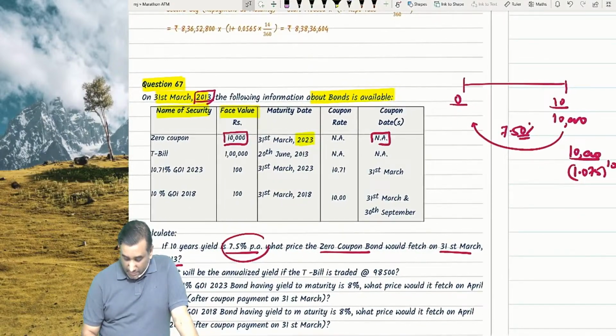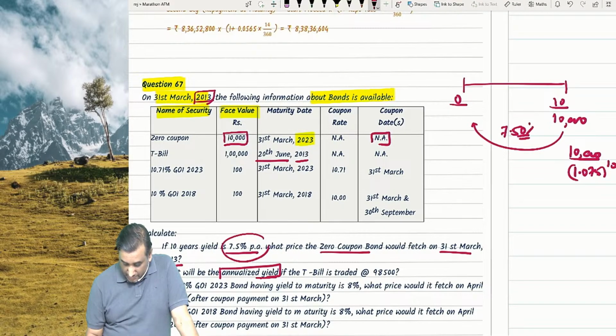First part. The second part is exactly the same, I think. Only difference is the maturity is 20th June 2013. You have to find the yield, annualized yield in fact.